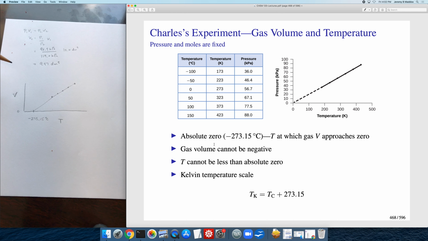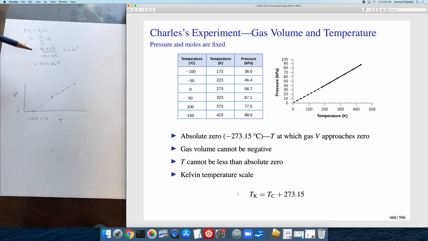We typically use the Kelvin temperature scale, where absolute zero occurs at 0 Kelvin. And so we've done these temperature conversions in, I guess, the first chapter. And so these are going to come into play whenever you're doing gas law problems involving temperature.